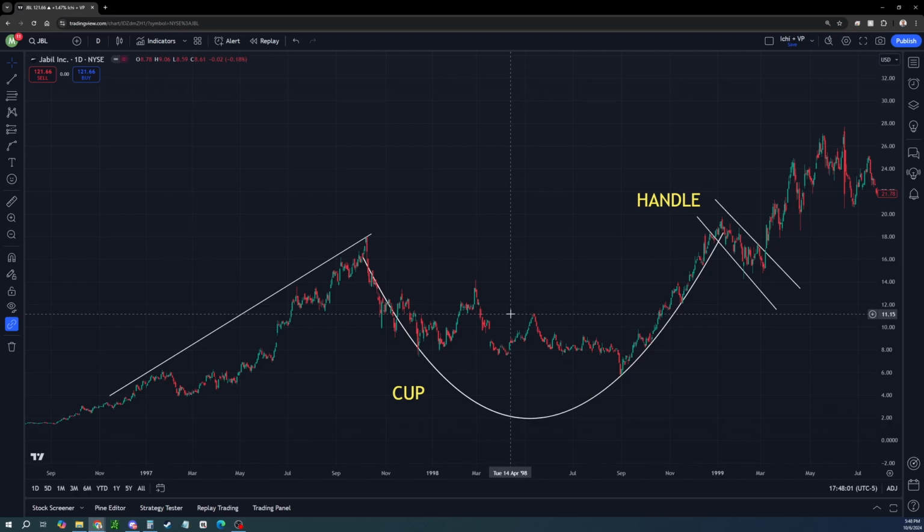So the basic idea is that the overall trend of the asset is up, but buyers have gotten a bit exhausted and the price starts to consolidate due to shorter term traders taking profit, which forms this cup and consolidation period. But once most of the short term traders are out, the buyers will begin to take control again since the overall trend is up, which will essentially form the second half of the cup right here.